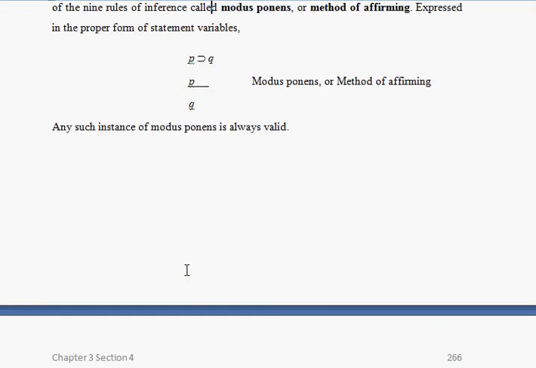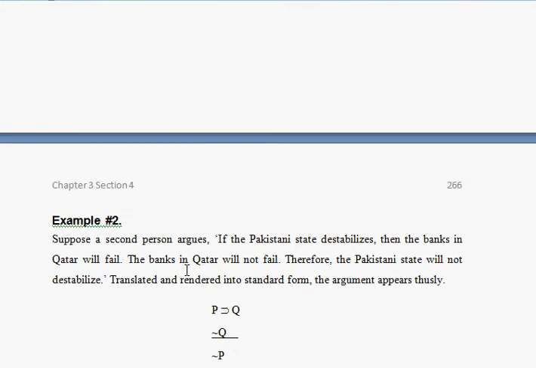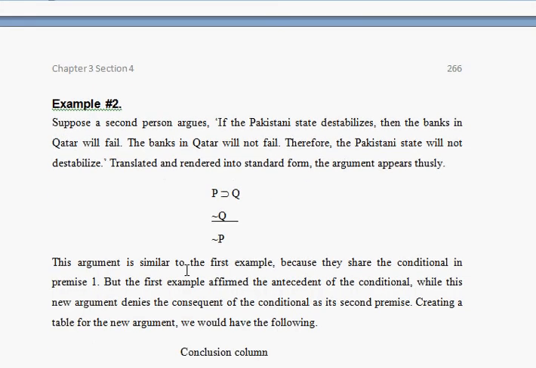And you can find here, now I want you to read through this. They're going to give you things called modus ponens, which is an argument called affirming the antecedent, which means anytime the antecedent is true, the consequent will be true, and that's a valid form. The second type is modus tollens, and that's whenever the consequent is false, the antecedent will be false.